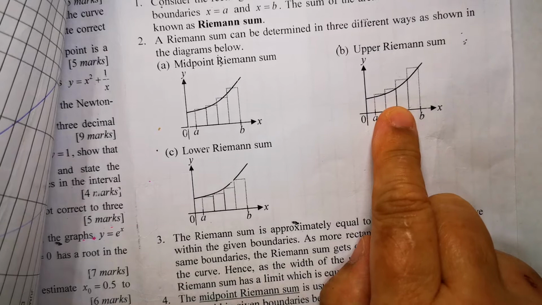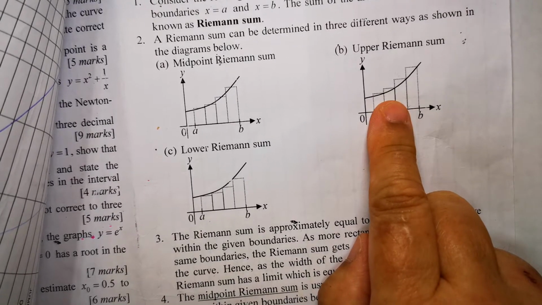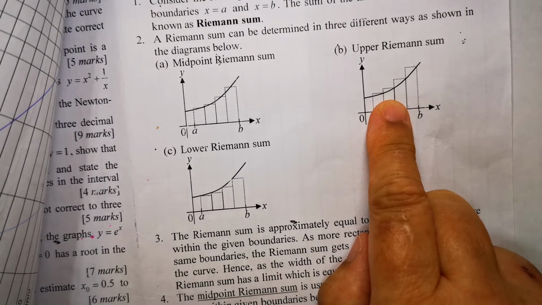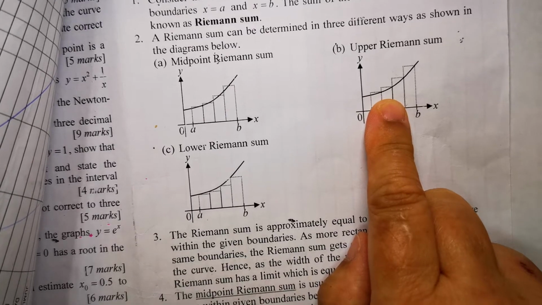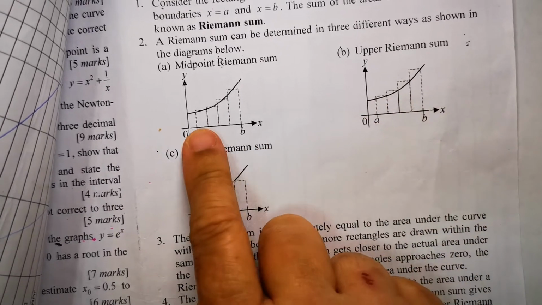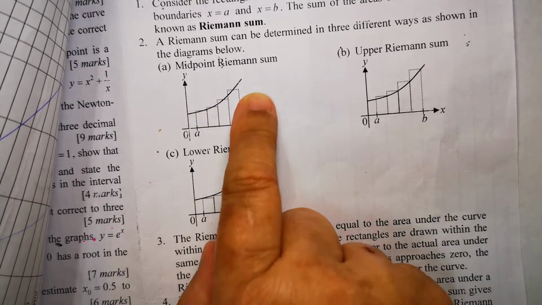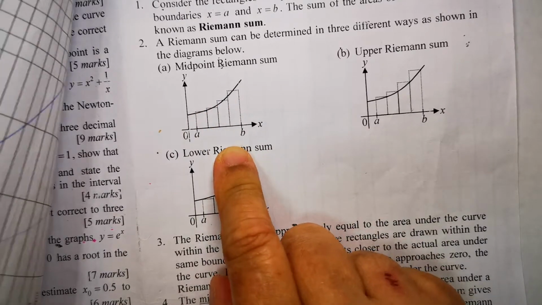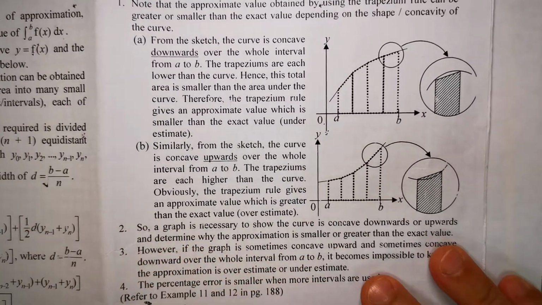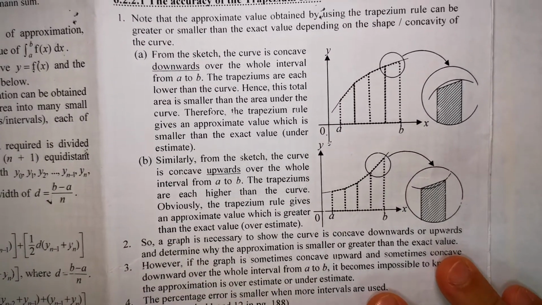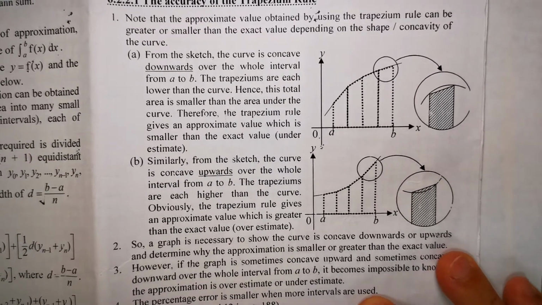Some will be higher than the curve, so the estimate will be greater than the actual value. And the midpoint, some higher, some lower, gives us a better approximation. So it is a similar concept to the trapezium rule. To determine this, we are talking about concavity. Let's see one by one.